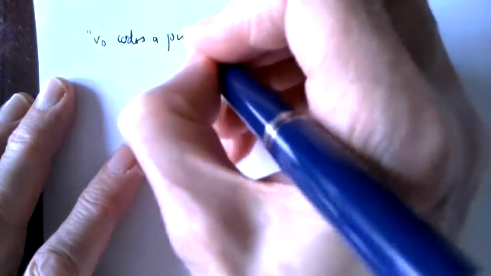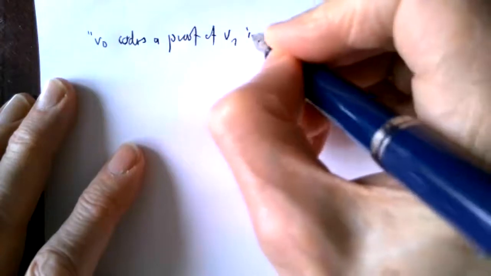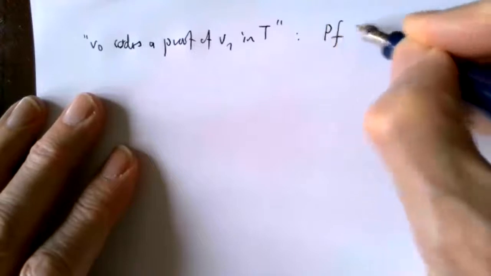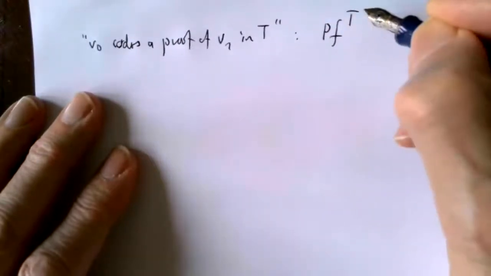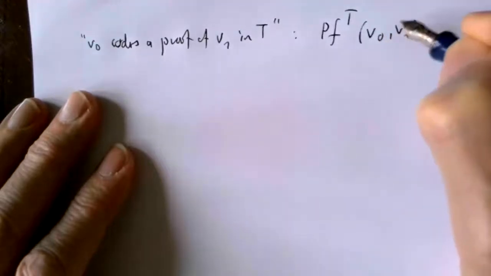So V0 codes a proof of V1 in T. So PF for proof, with a little superscript T, is just this relation here, between two numbers.